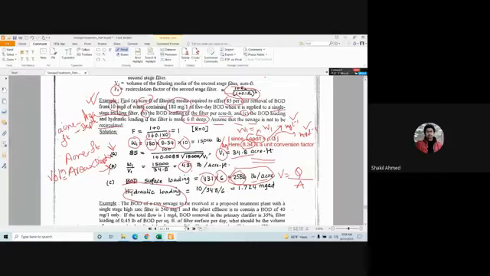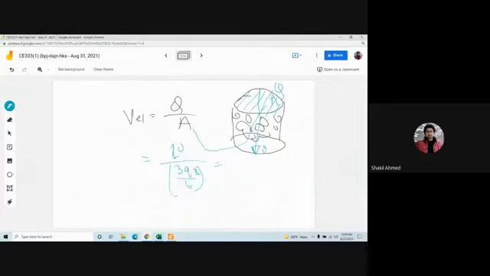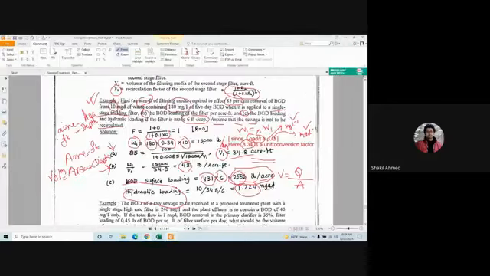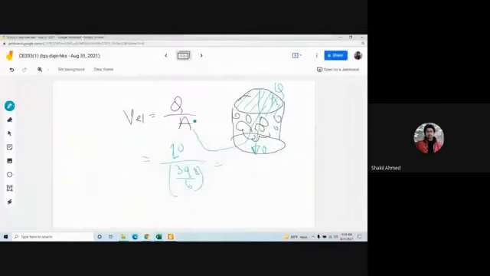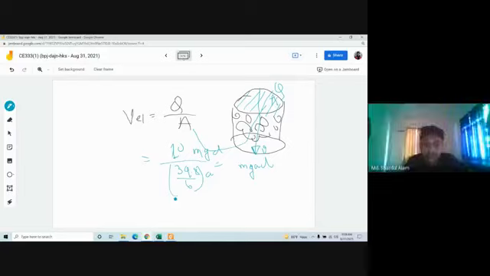This is 1.74 million gallon per acre per day. Clear? This is million gallon per day, and this is acre. So million gallon per acre per day. Clear? Yes, sir.